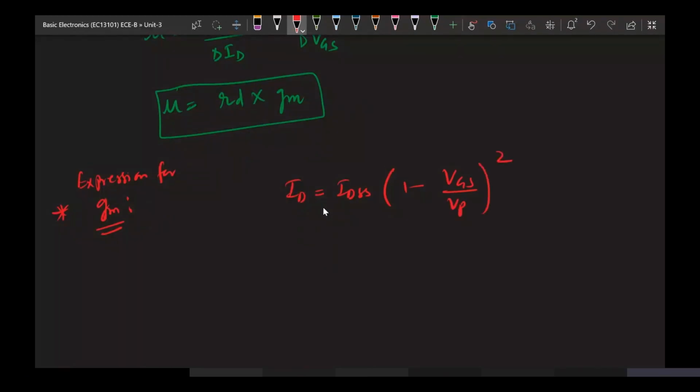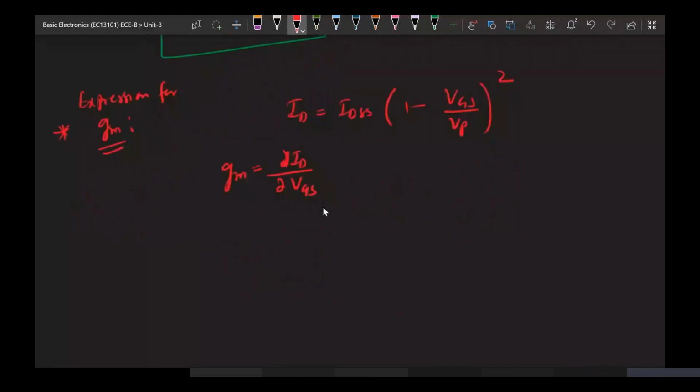This is the current equation in case of JFET. GM is defined as change in ID divided by change in VGS, so we will differentiate this ID equation with respect to VGS.